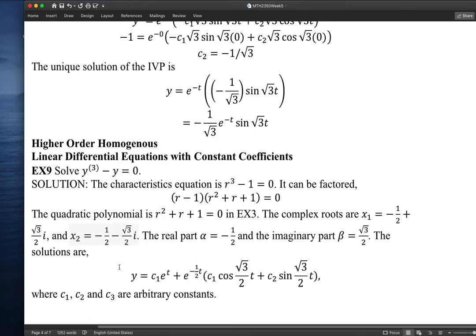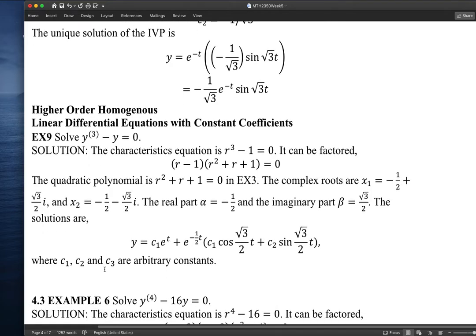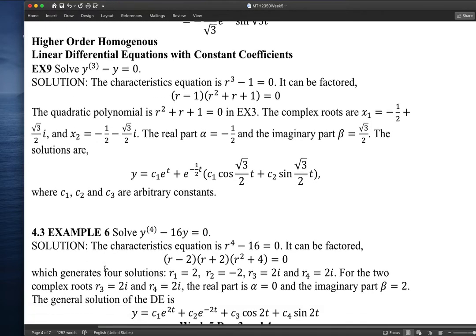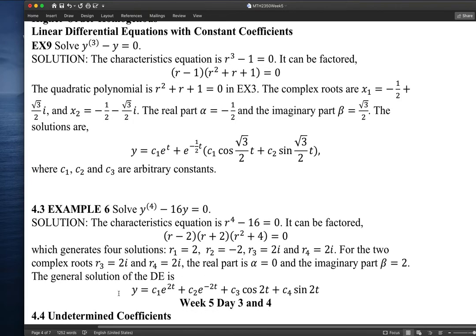And I have one more example for higher order linear differential equations with constant coefficients. This is the one from the textbook in section 4.3, example 6. We have a fourth order differential equation, so the characteristic equation is a fourth degree polynomial, r to the 4 minus 16.